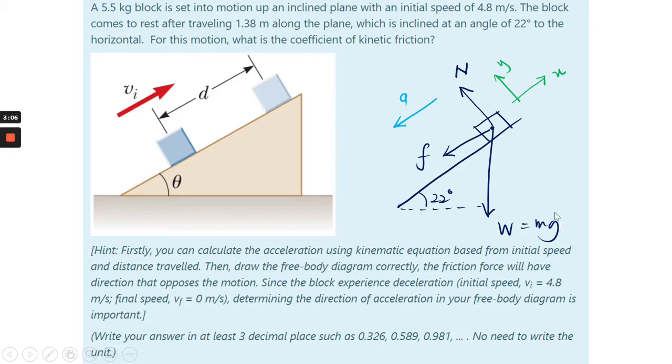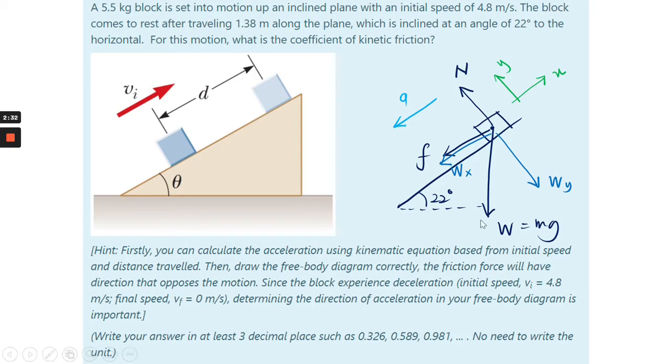As you can see here, we have the normal and friction forces along the x and y axes. However, the weight is going to have two components: firstly Wy, which is here, and then it will also have Wx. So this is the direction of Wx and Wy.